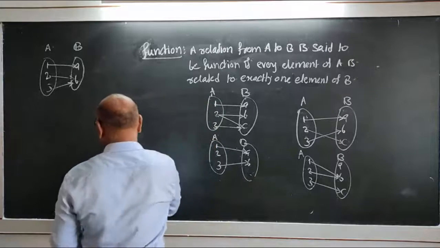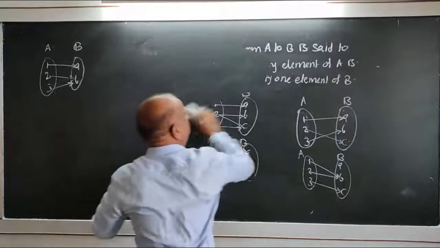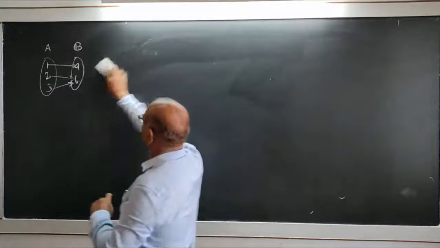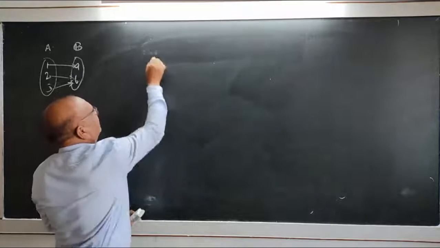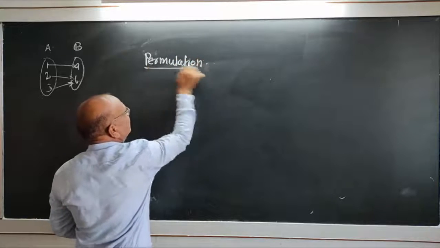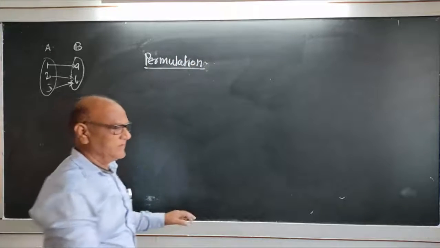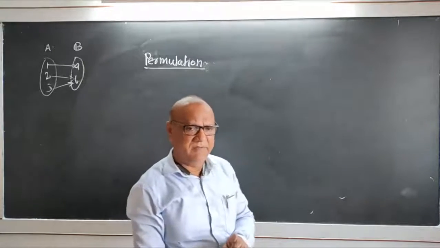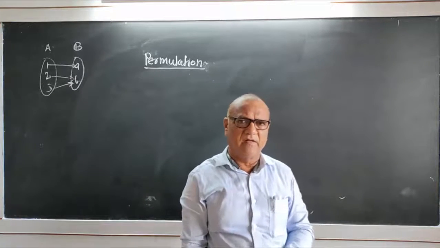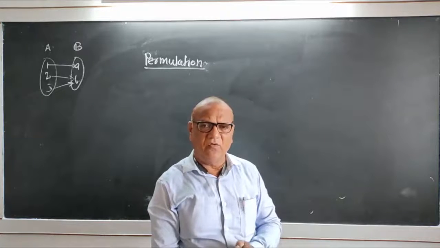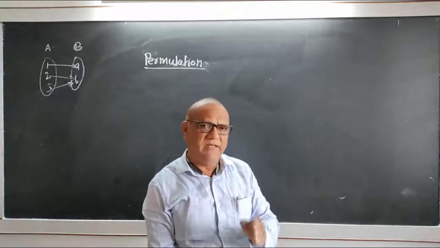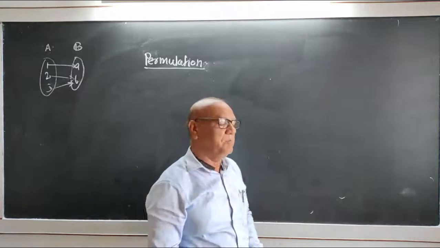Now, from function, permutation. Permutation is a function in which domain and codomain are the same, and if it is one-one and onto, then this function is called a permutation.